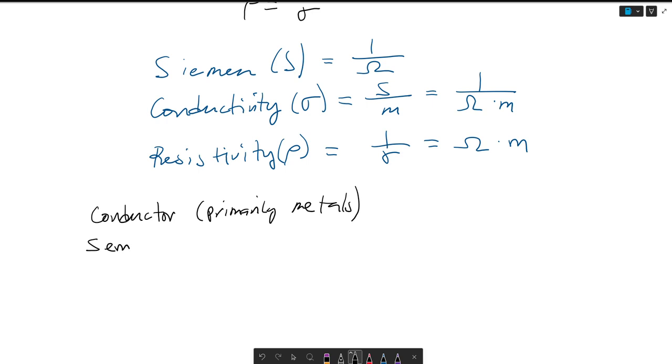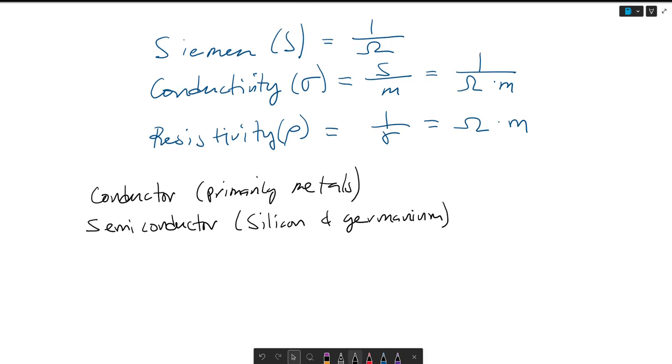You also have something called a semiconductor, which is mainly things like silicon and germanium. And these are doped, either P-type or N-type. And then you have dielectric, which are also called insulators.